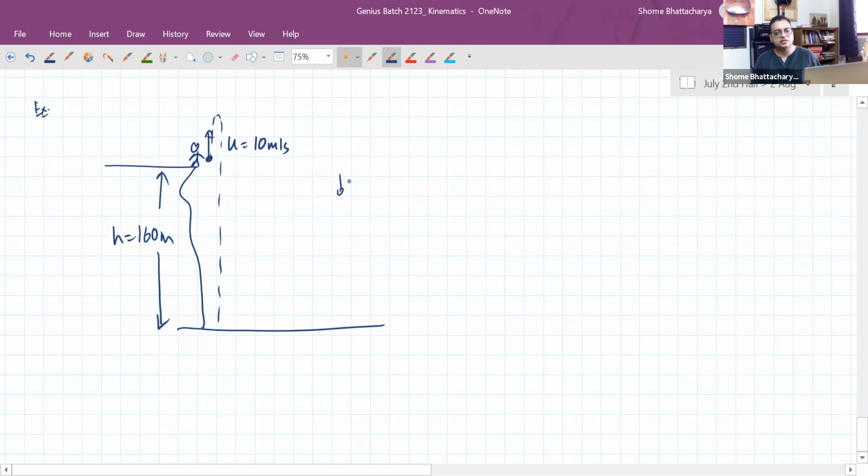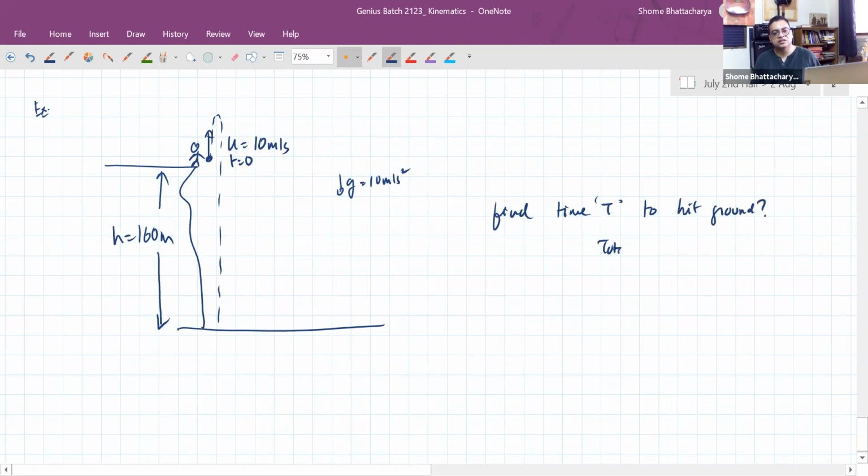So this time taking G as 10 meters per second square again, we want to find the total time of flight to hit the ground.